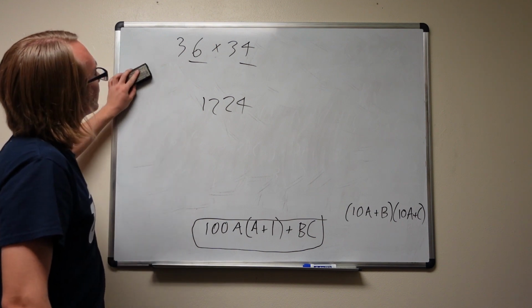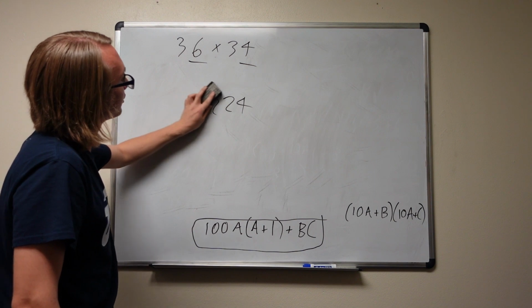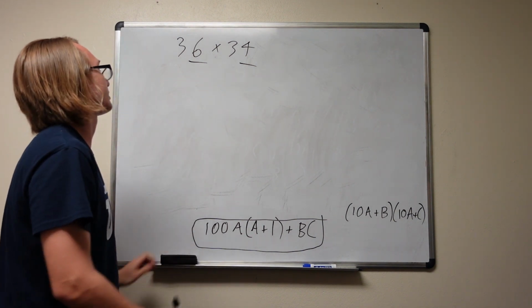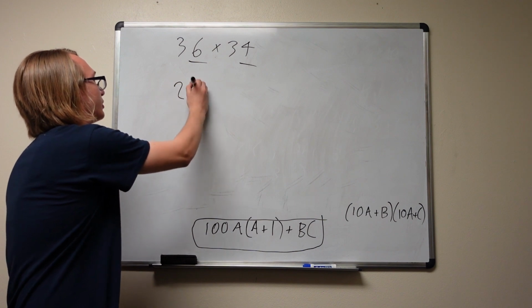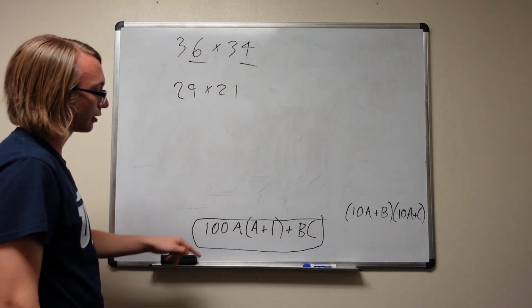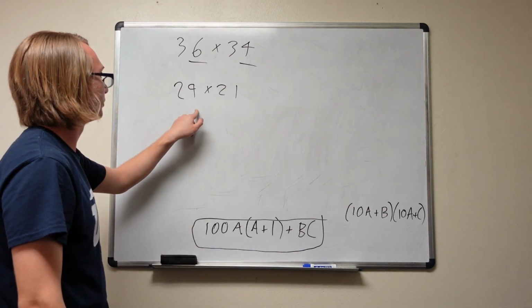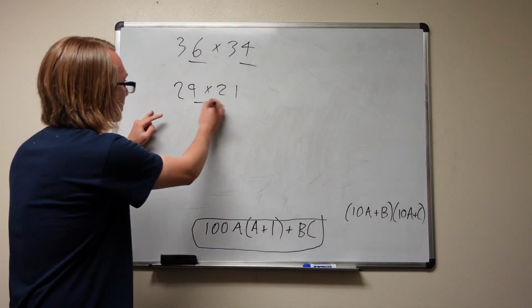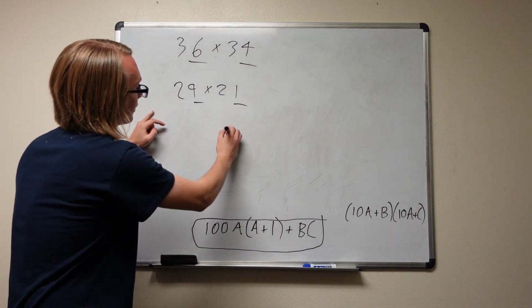So one thing to note is the one case where this is going to be a little weird is if you have like 29 times 21. All we'd have to do is make sure that we leave space between this and this. So 9 times 1 is 9, but we need to add a 0.